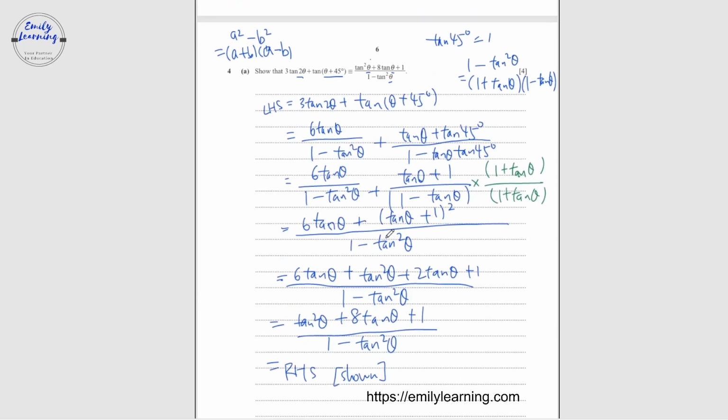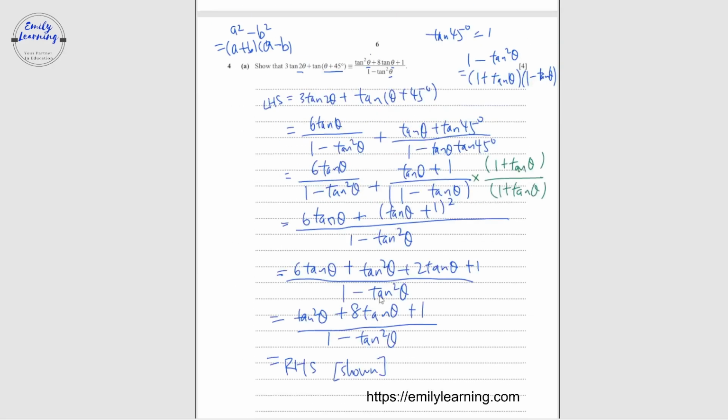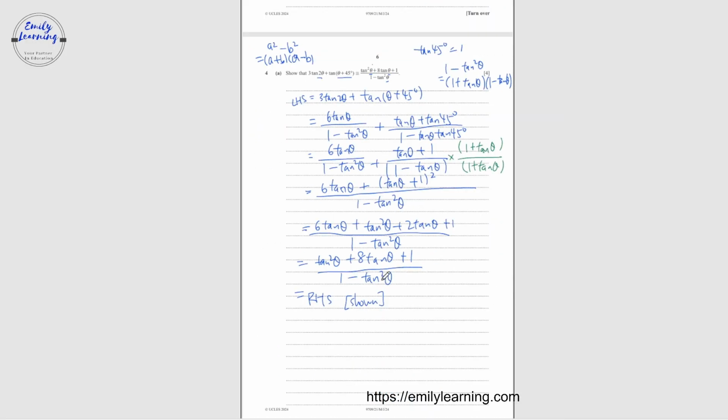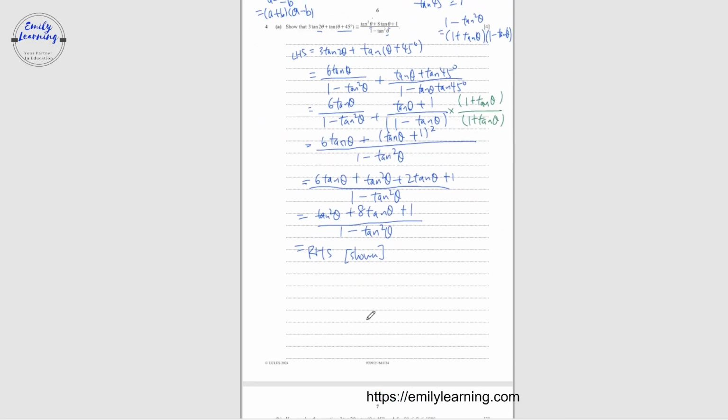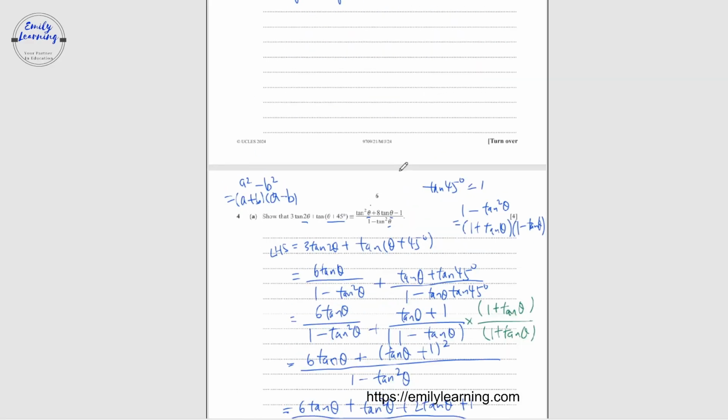Now that I'm done with this, they asked me to hence solve the equation 3 tangent 2 theta plus tangent of theta plus 45 degrees equals 4. This looks so familiar, right? It's the same as this one here. What we need to do is basically change this into this, because they are equal.